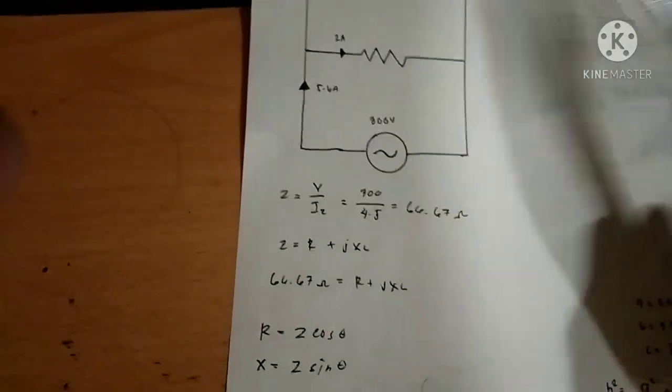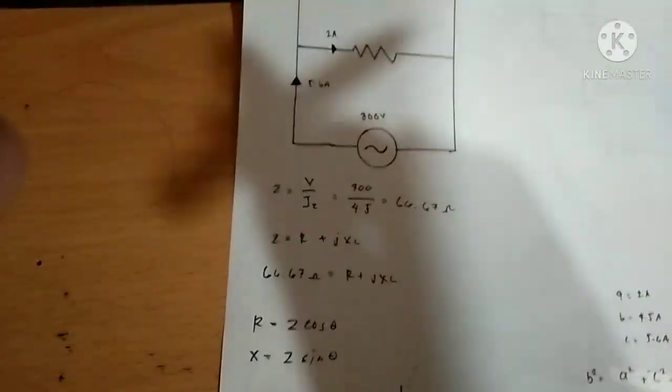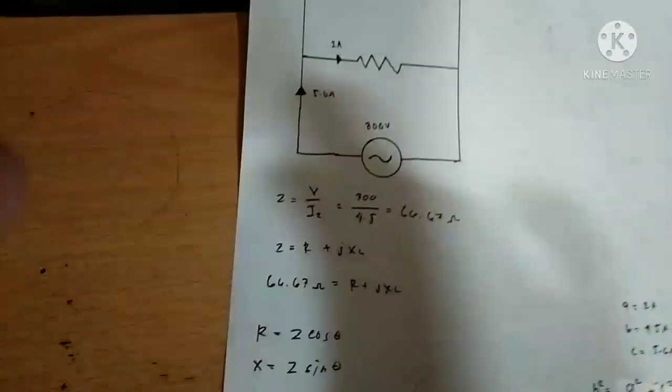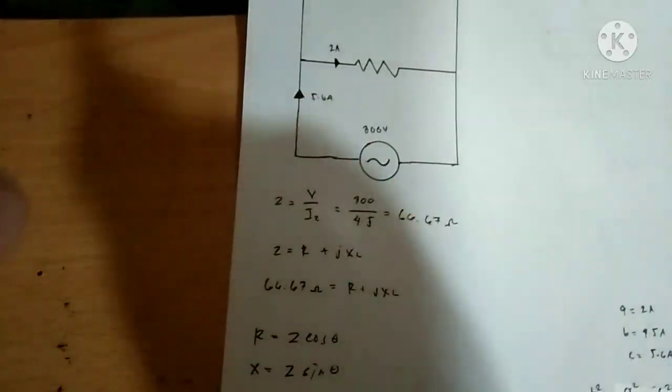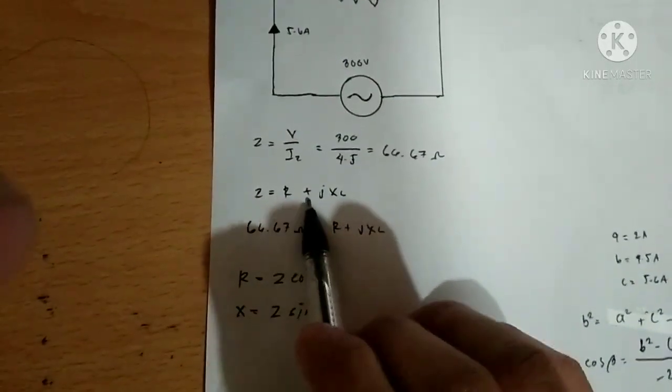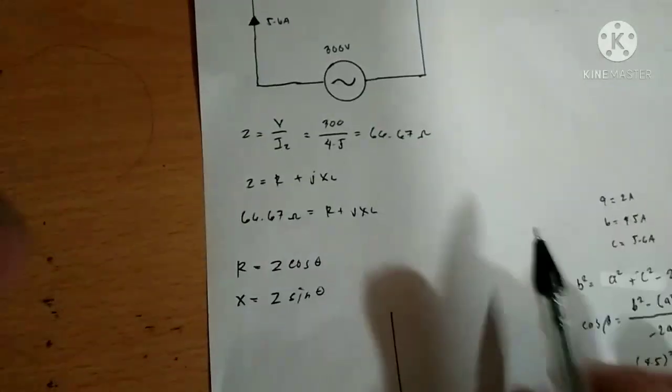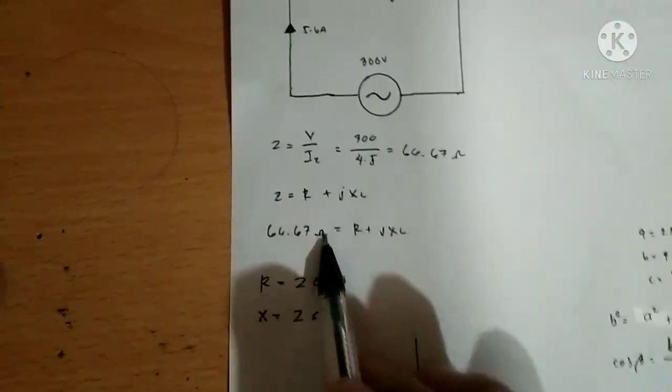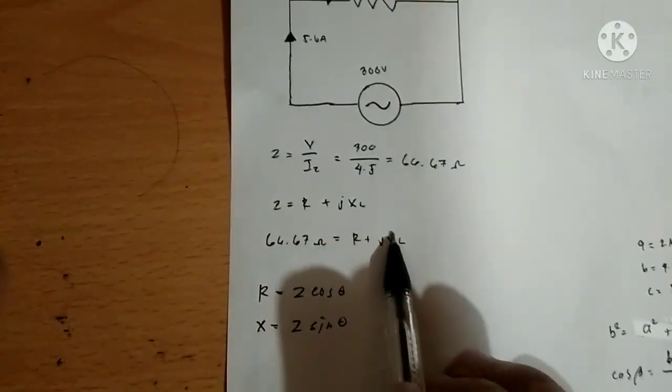And because this is a lagging coil load, so this is an RL resistive inductive circuit, we'll have to use Z is equivalent to R plus jXL. So we have Z because we just solved it. So 66.67 ohms is equivalent to R plus jXL.